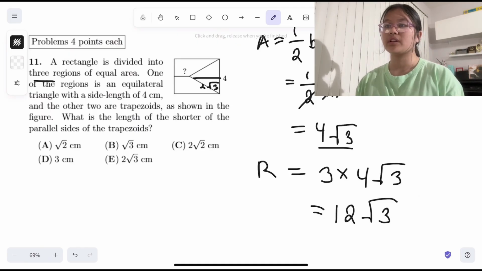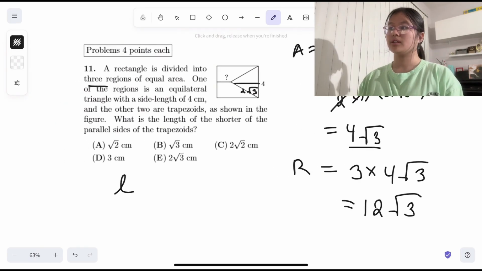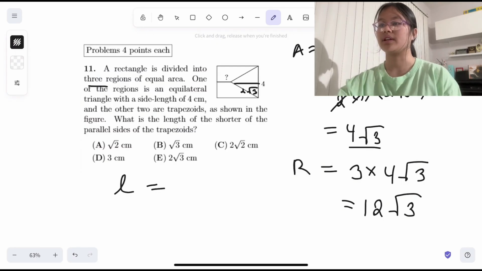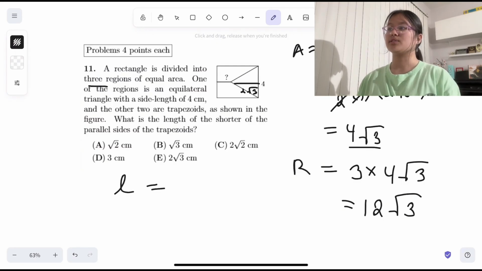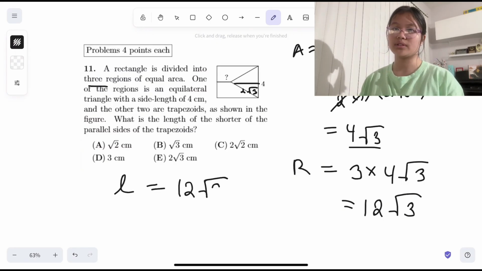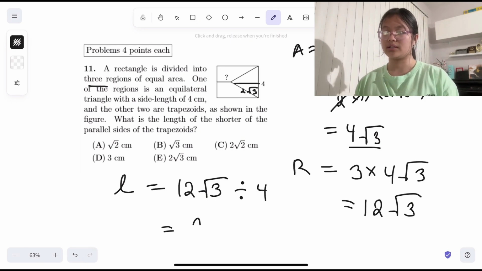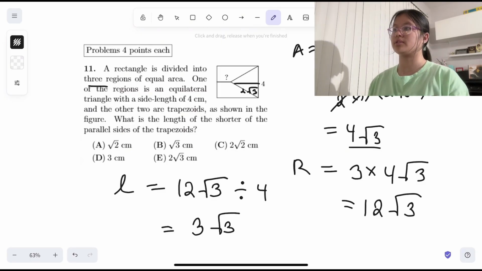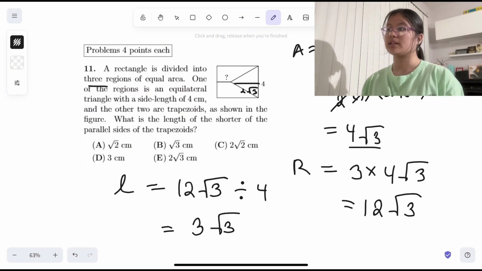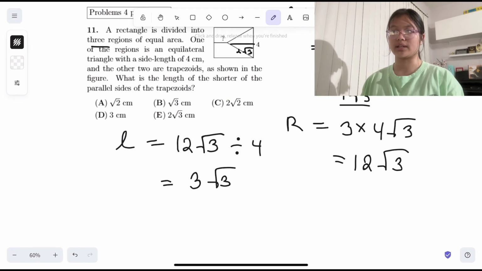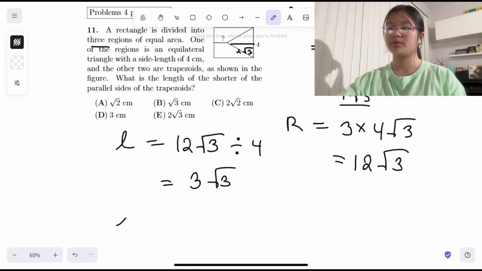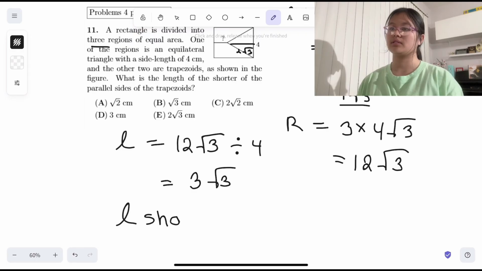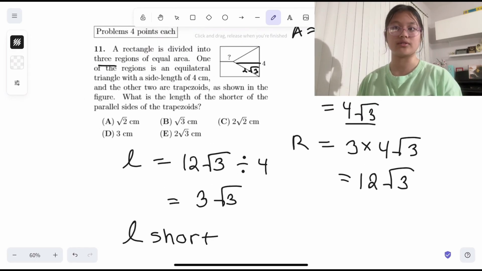Alright. So now we can find its length. So that is 12 square root 3 divided by 4. And then that is 3 square root 3. So now to find the length of the shorter parallel side of the trapezoid, what we can do is take the long length minus the short length, so then we know the difference.